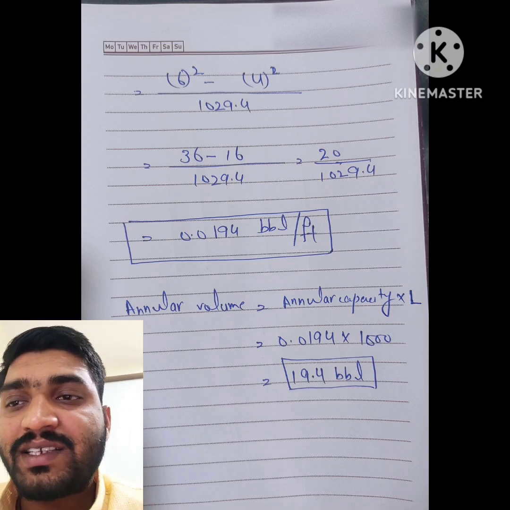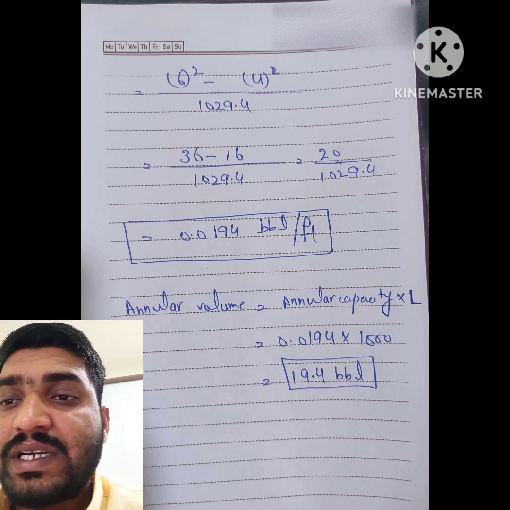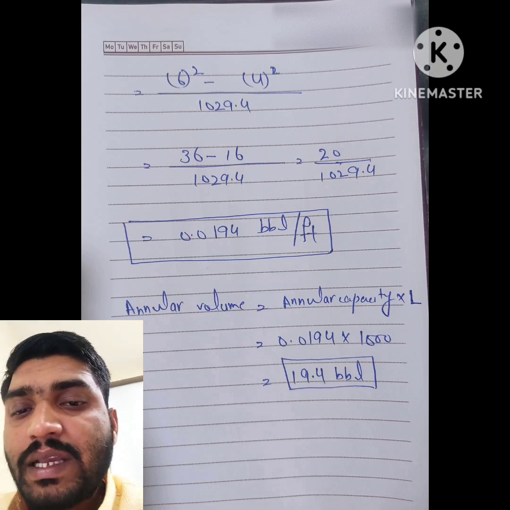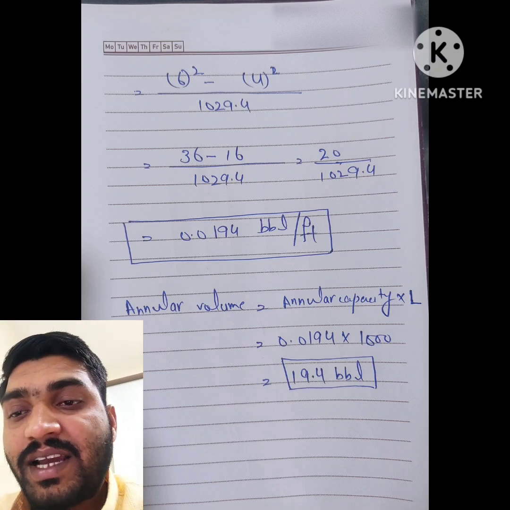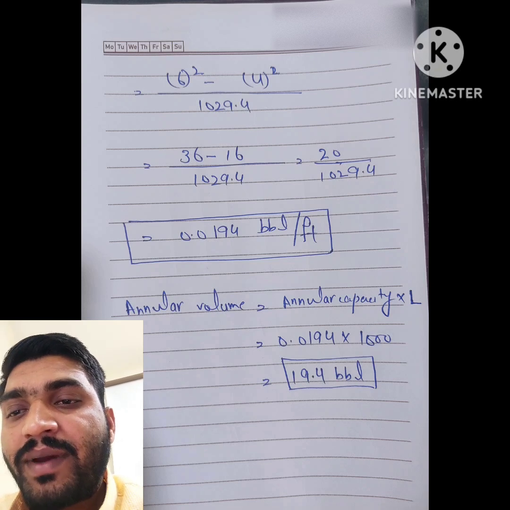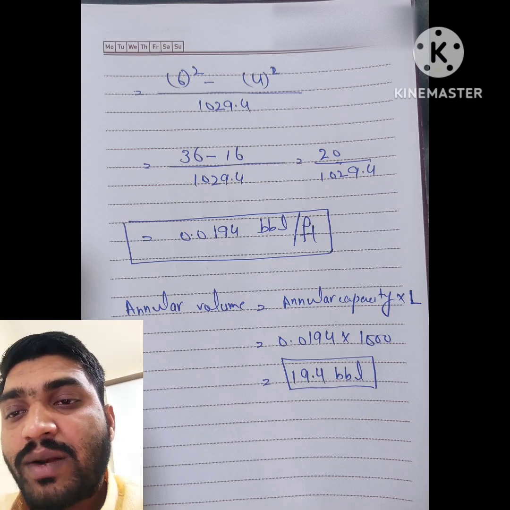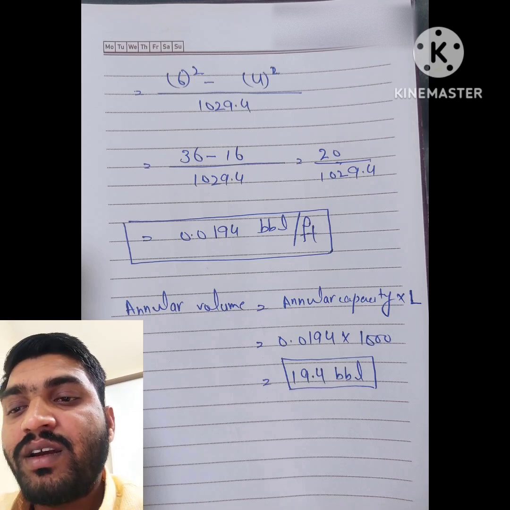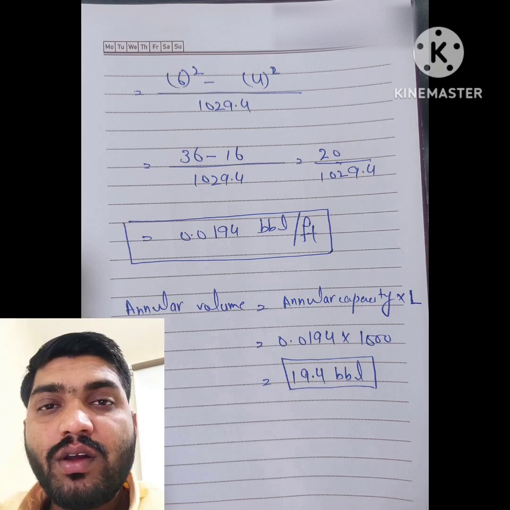The square of 6 is 36, then square of 4 is 16. 36 minus 16 is 20, and 20 divided by 1029.4 gives 0.0194 barrel per foot.